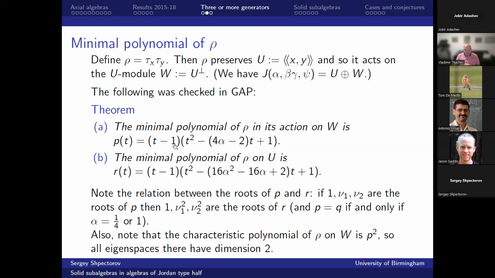Again, 1 is an eigenvalue, and there are 2 more from a different polynomial. There is some relation between the roots of these 2 polynomials, P and R. So if the roots of P of t are 1, zeta, and zeta inverse, now the product is 1 of the 2 roots, right? So it's zeta and zeta inverse. Then the roots of this polynomial are 1, zeta squared, and zeta to the power minus 2.